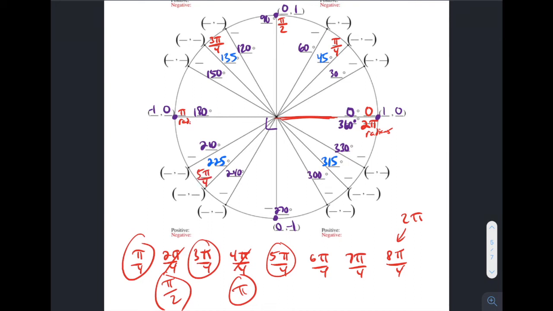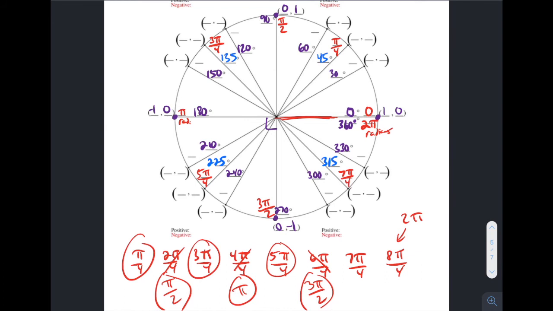If we go another 45 degrees or pi over 4 radians, we're going to end up at 6 pi over 4, but that simplifies to become 3 pi over 2. And that's going to be this angle right here. If we go another 45 degrees or pi over 4 radians, we're going to end up at 315 degrees or 7 pi over 4 radians.